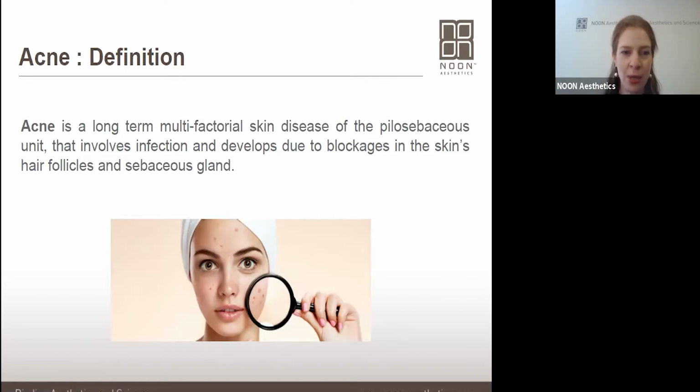What we see is a multifactorial skin disease of the polysebaceous unit that involves infection and develops into blockage of the hair follicle. But this is not the real source. The source is the change in androgen levels in our bloodstream.